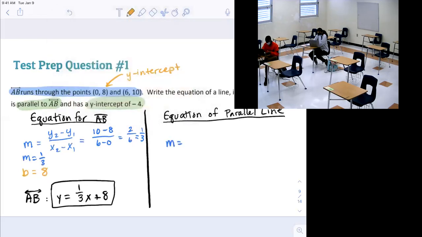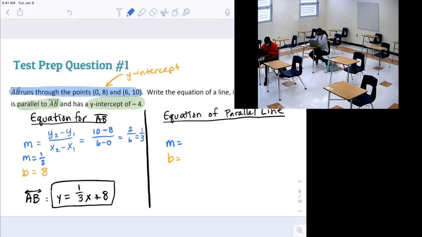What would the m have to be of my new parallel line? I have a parallel line. Be very careful. Parallel lines have what type of relationship to each other? Same slope. Good.